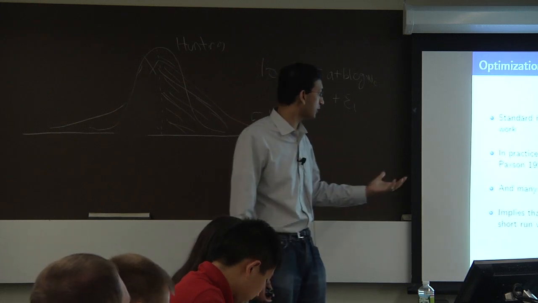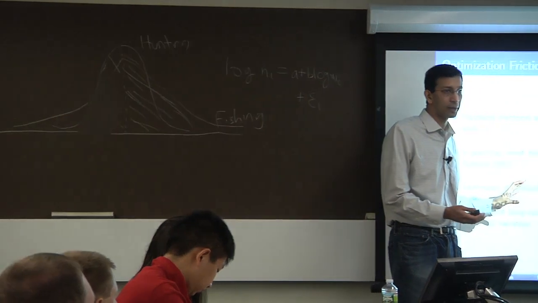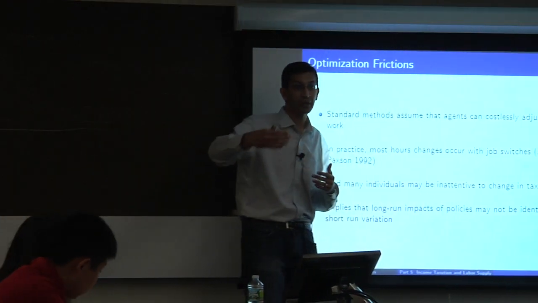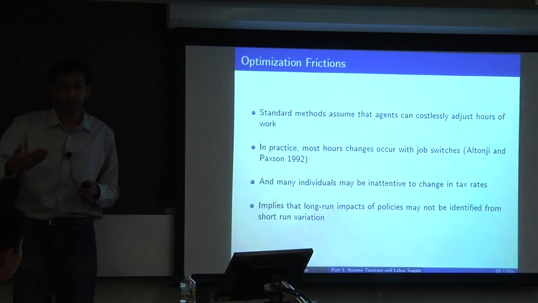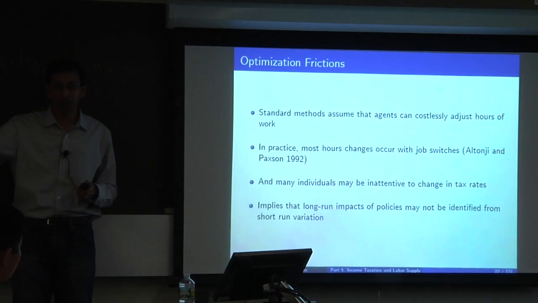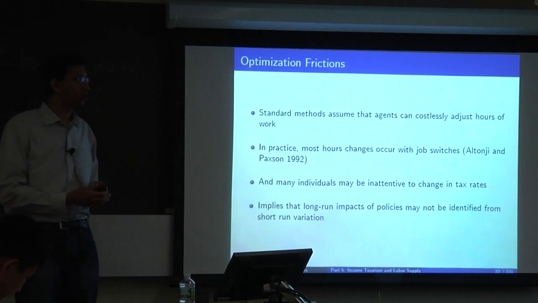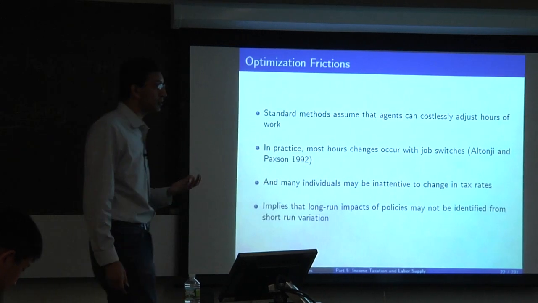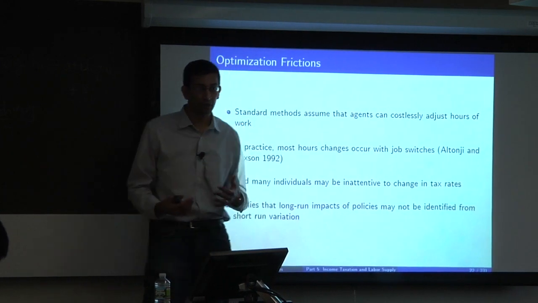And so the issue that arises here is that really, in a sense, what you care about is not per se the impact of some reform on hours of work or taxable income before versus after that reform. What you care about is the long-term impact, right? So at the end of the day, we want to know what would the impact on the US economy be if we had a very progressive tax system versus if we have lower tax rates.